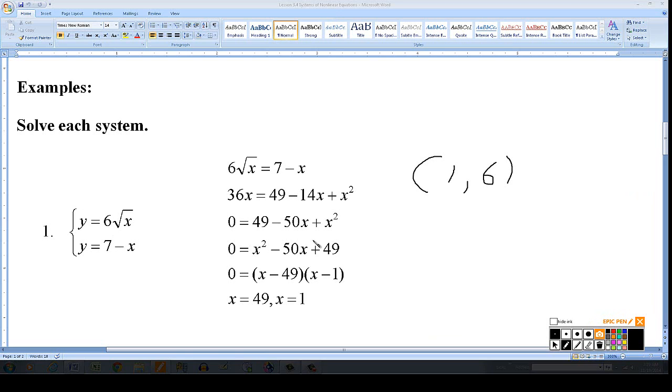Now let's put the 49 where the x is in the first equation. The square root of 49 is 7, and 7 times 6 is 42. So when x is 49, the y value is 42.